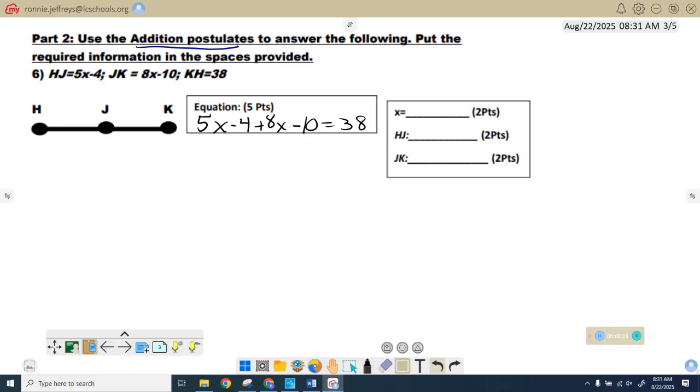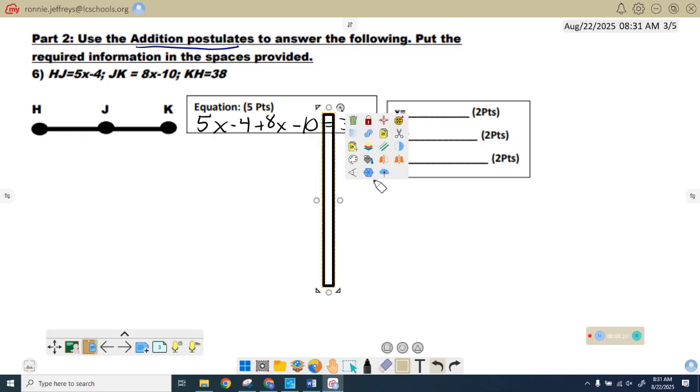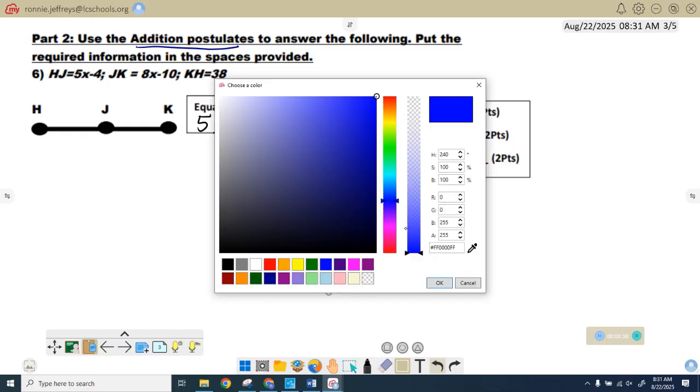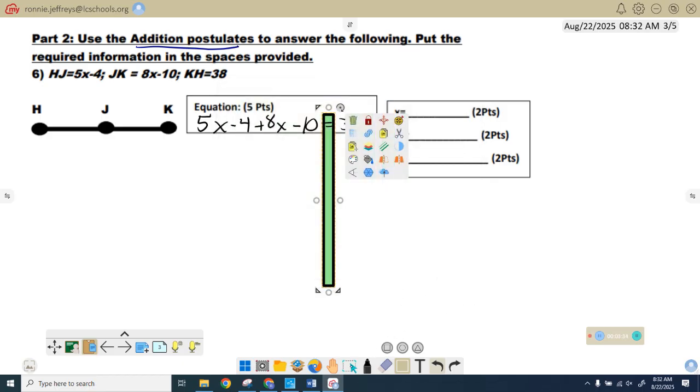I'm hoping, I'll know on our check on learning, I've seen a lot of improvement on remembering our steps to solve equations. Some of y'all are still going great, and also you take a left at Albuquerque, okay? All right, so combine like terms. 5 and 8 becomes 13.